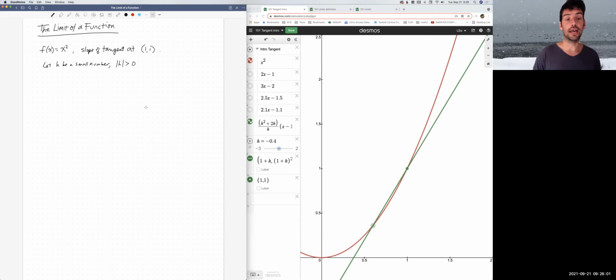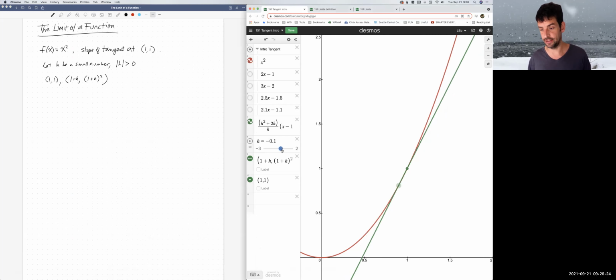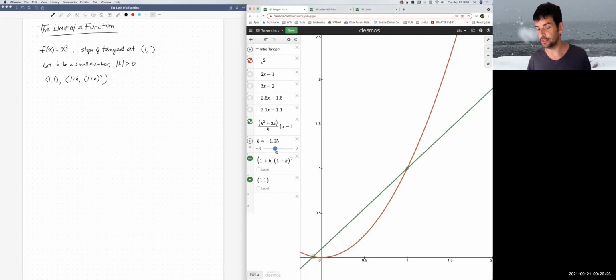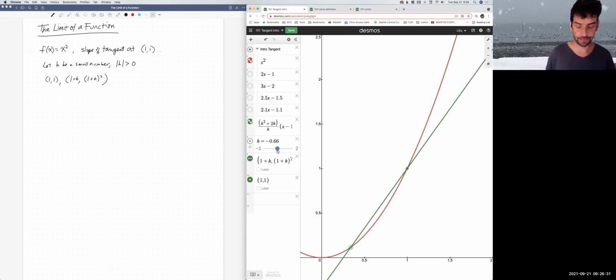And so to create these secant lines, we use 2 points: the point (1, 1) and the point (1 + h, (1 + h)^2). Because h is a little number, if we move from 1 a little bit, that's what we're looking at in this graph. So that little bit is changing. I'm making it smaller and smaller here.